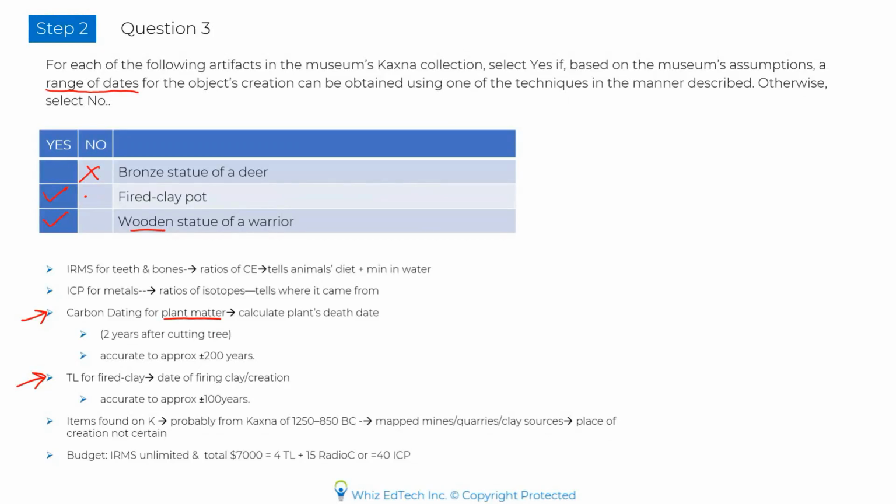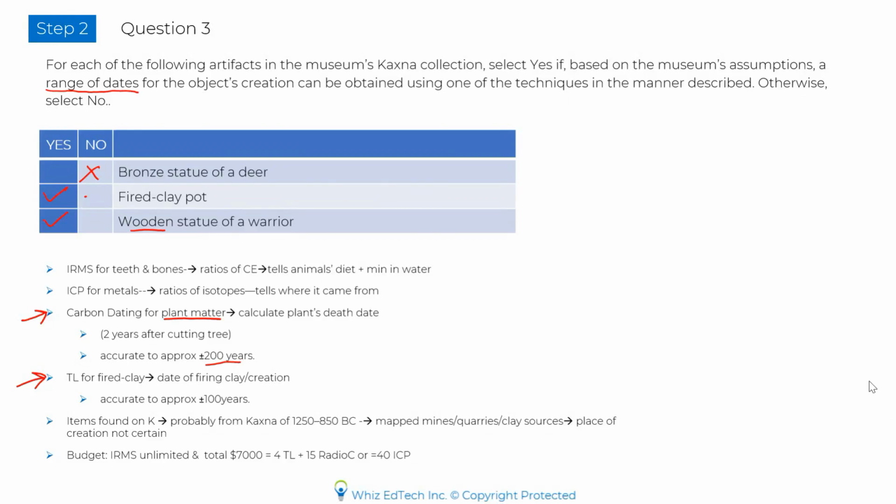So plant matter, we are told that this object created of wood is created within 2 years of cutting the tree. And the calculation of the plant's death can be done approximate plus or minus 200 years. So therefore, wooden statue. All right, Ken.